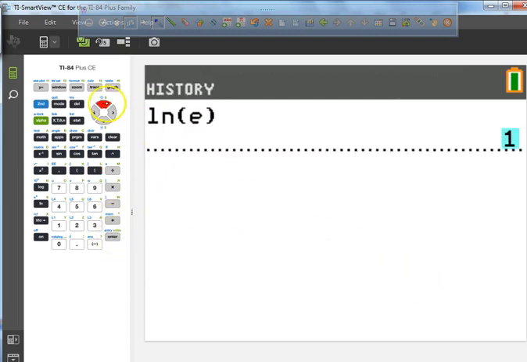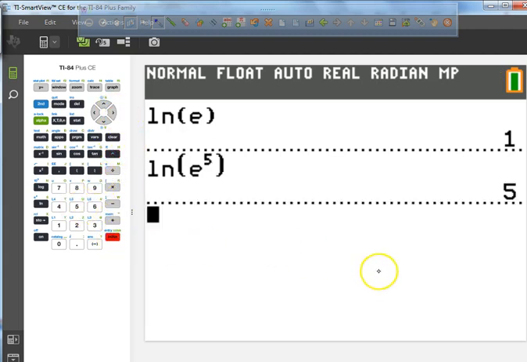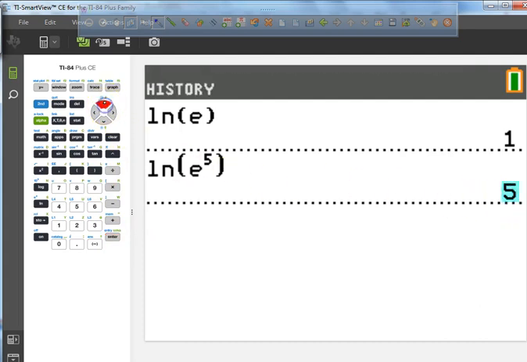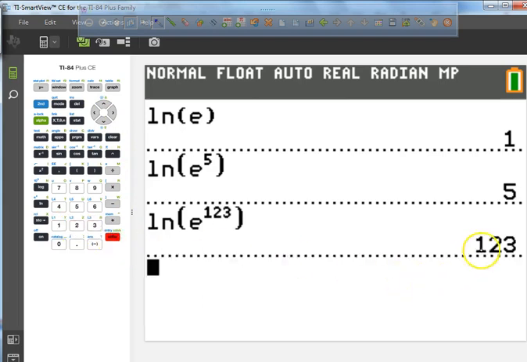If I went up here and said, what's the natural log of e to the power of 5, what do I get? I get 5. If I went up and said, what's the natural log of e to the power of 123? The answer would be 123.